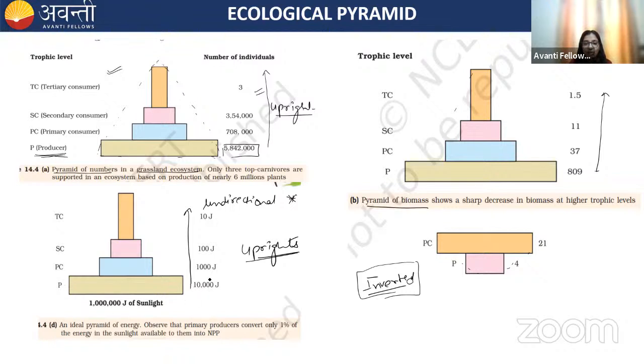When we move from the lower trophic level to the higher trophic level, the energy decreases because the 10% law is applicable: only 10% of the energy is transferred to the next trophic level. So remember, whether it's an aquatic ecosystem or a terrestrial ecosystem, the pyramid of energy is always upright.